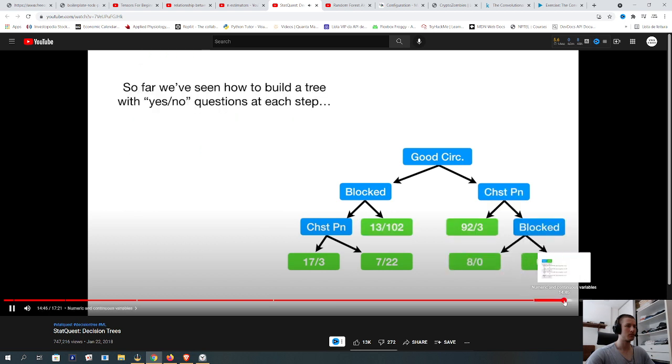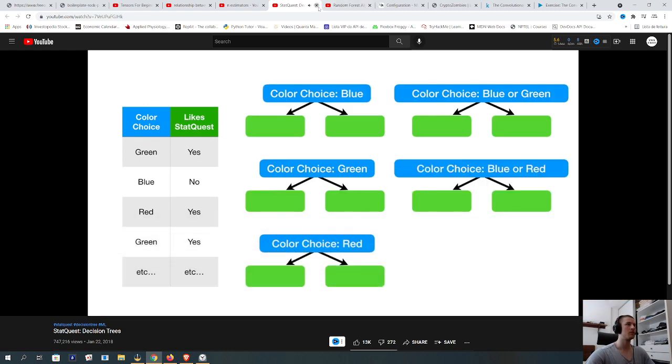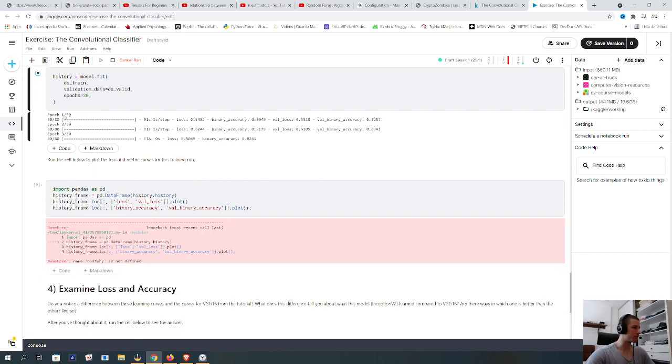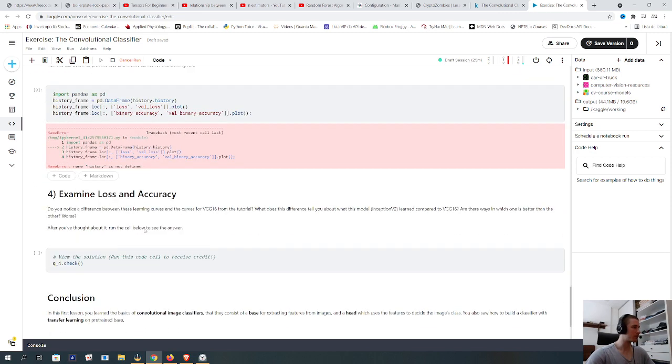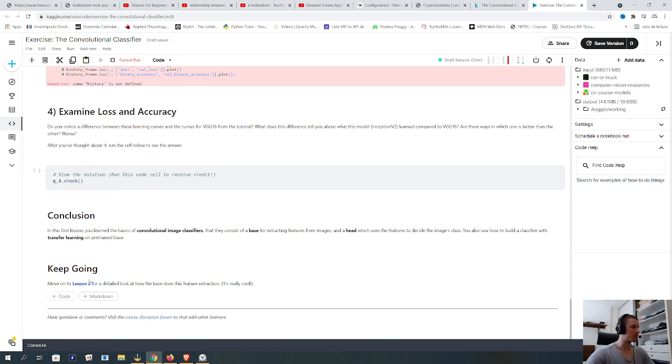So far, we've seen how to build a tree, and then we calculate the impurity values for the ranked data as well as each possible color choice, blue or red. I think what I'm gonna do is continue with the tutorials, and I'll finish this later. It's better. Because here's just the checking part.